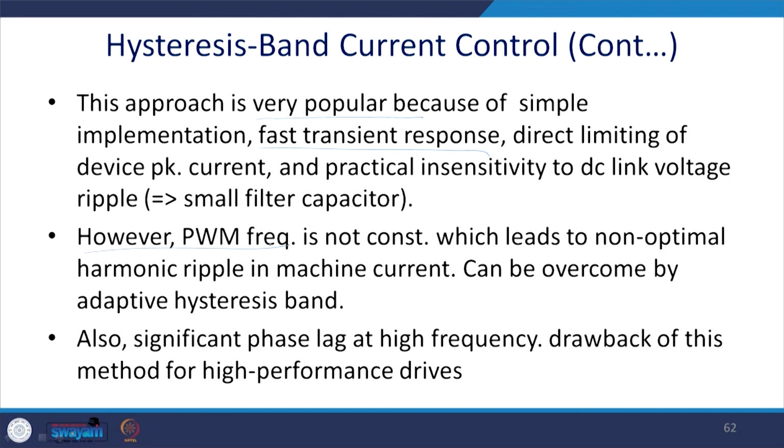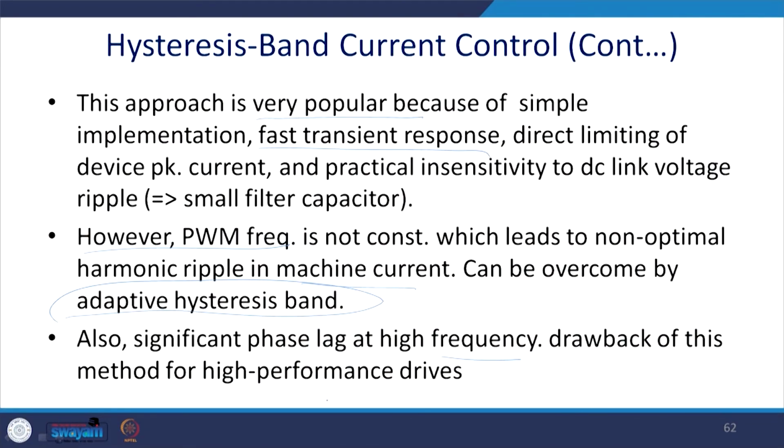PWM frequency is not constant, which leads to non-optimal harmonic ripple in the machine current as well as in the shunt active power filter, and can be overcome by the adaptive hysteresis band. So, the band itself changes: once there is a big current error, the band will be higher, so that you can ramp on, and if the error is minimized, you can have a shorter ramp.